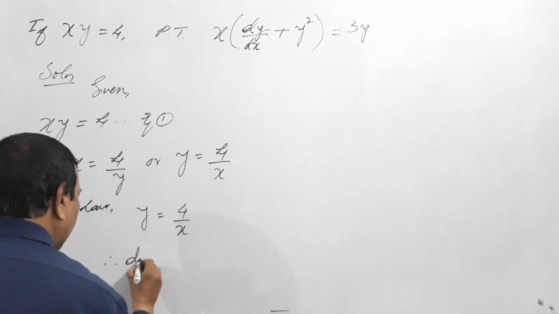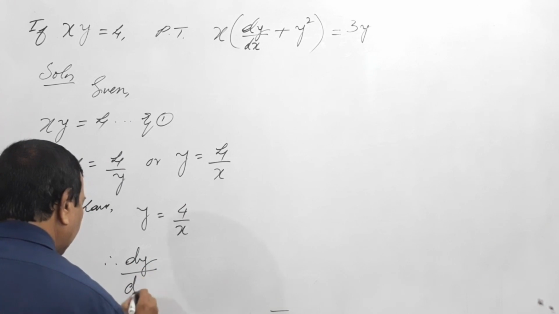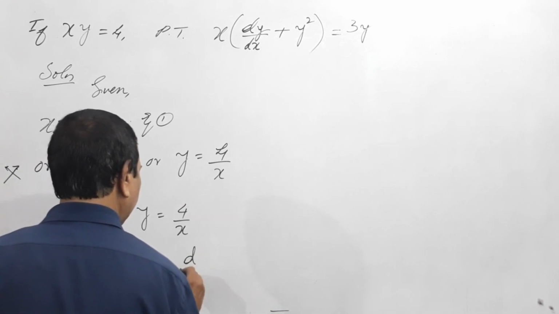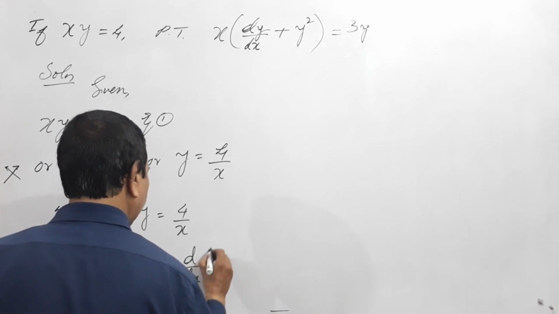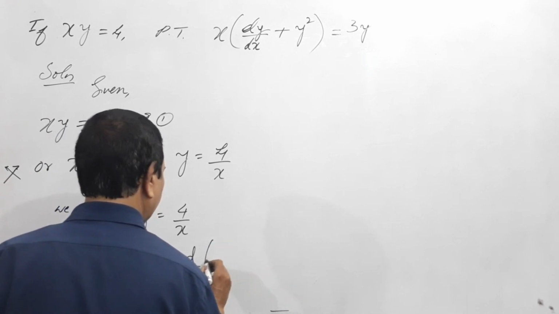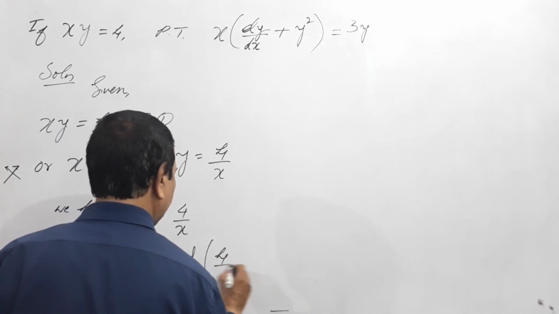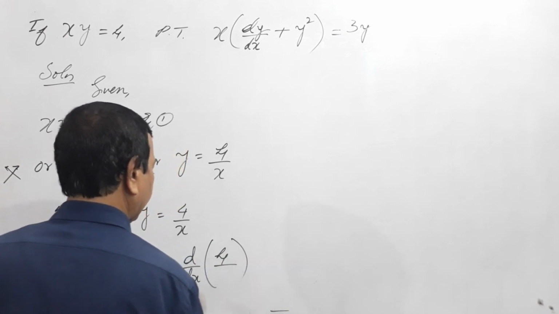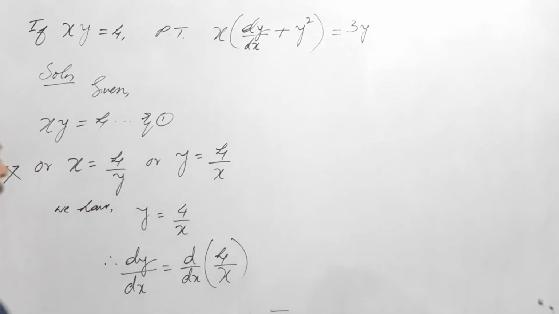Therefore, dy by dx equals to what? d by dx of 4 by x.